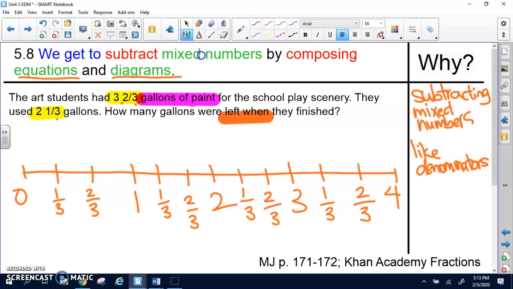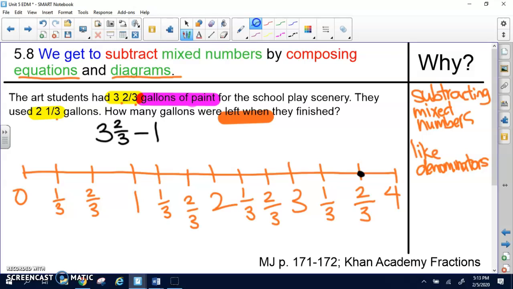So my starting point, because it said they started with 3 2/3 gallons, will be at 3 2/3, and I'm taking away 2 1/3 gallons. It's easy for me to look at it one of two ways. When I say 3 2/3 minus 2 1/3, I can either subtract the 2 wholes or the 1/3 first.